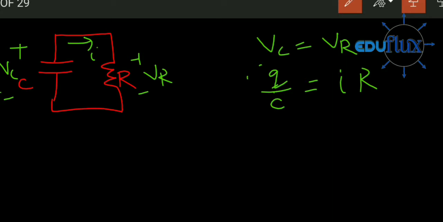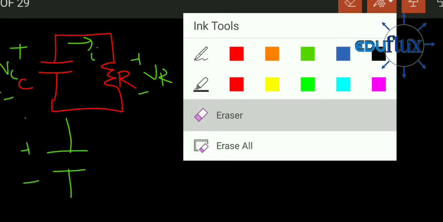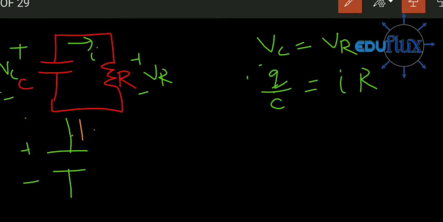The current is flowing from the positive terminal, it is not charging the capacitor. See, as the current charges the capacitor, what happens? The current is flowing into the positive terminal, as in the case with the charging RC circuit in the previous case. But here, the current is actually leaving the positive terminal, so the charge is decreasing.